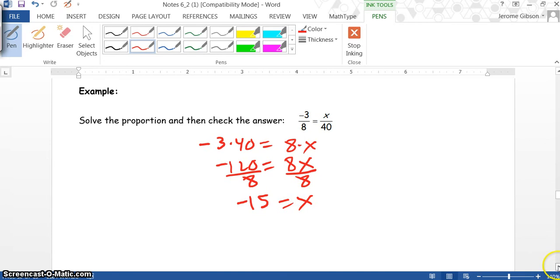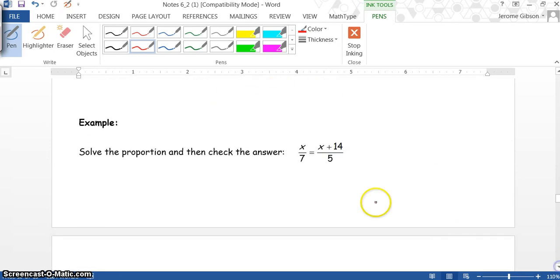Now you can check this problem at your leisure, but this is the final answer. Now we scroll to the next problem. We do cross multiplication. X times 5 is equal to 7 times x plus 14. X times 5 is 5x. Then we use the distributive property to finish off this parenthesis.